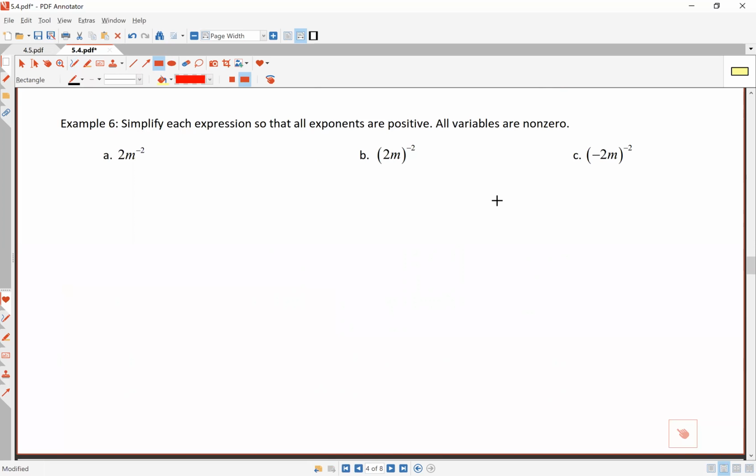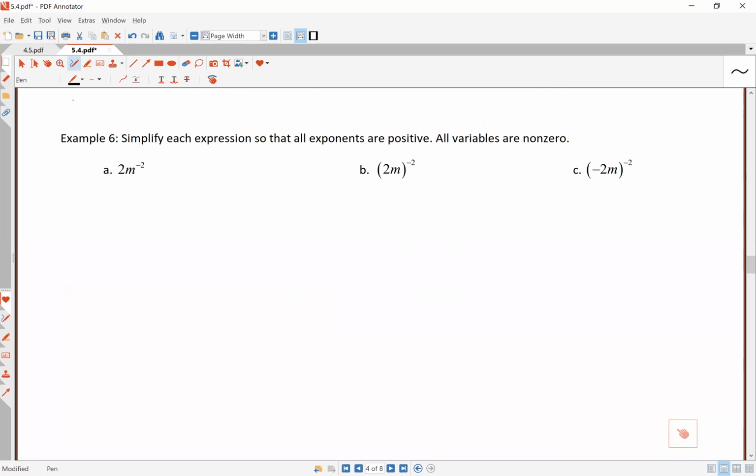Keeping up with the theme of parentheses versus no parentheses. 2m to the negative 2: just the m is seen by the negative 2. The 2 is going to stay on the top, and the m to the negative 2 is going to go to the bottom.